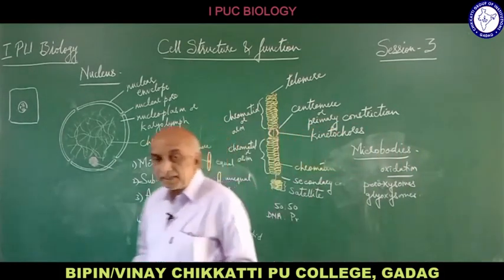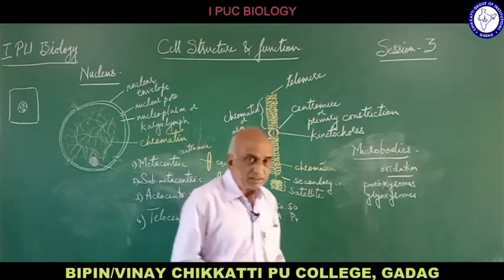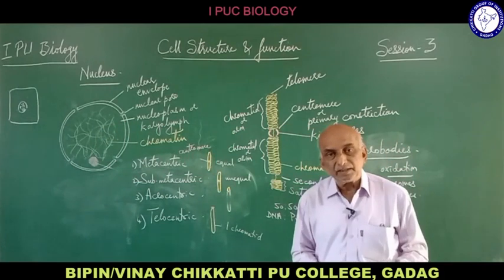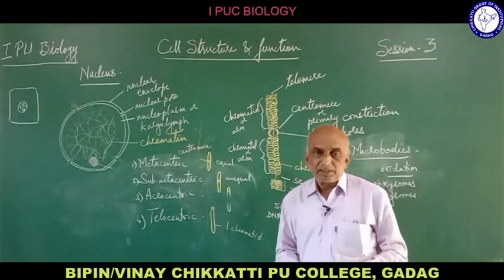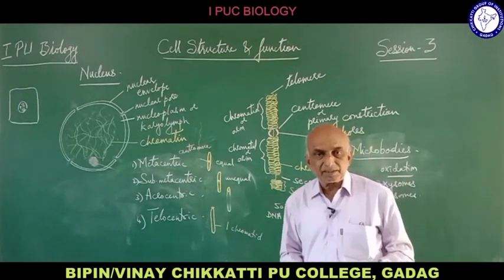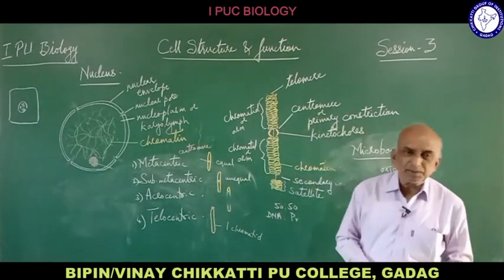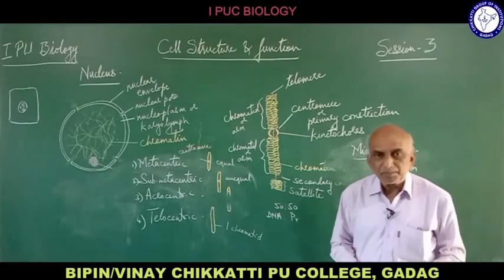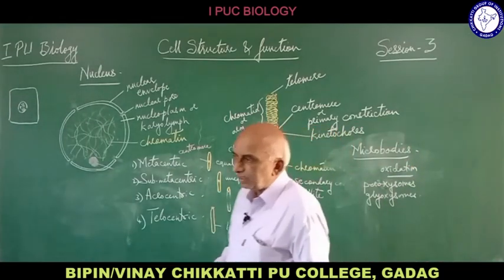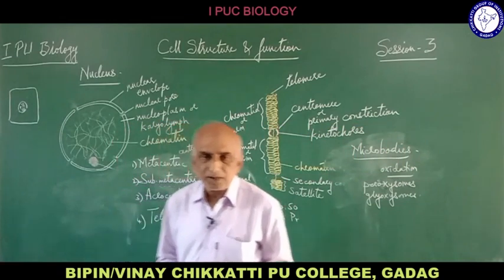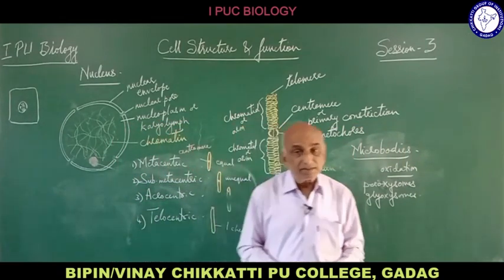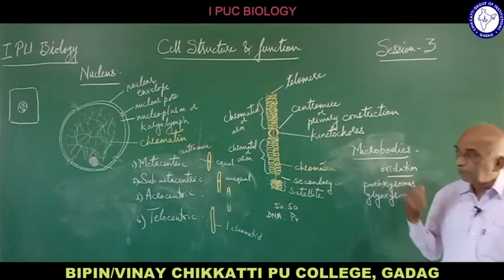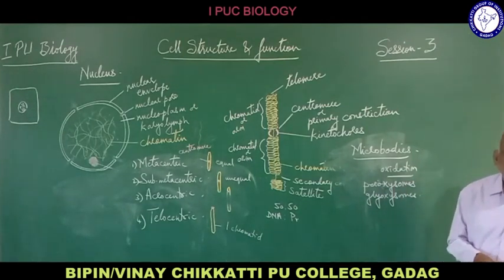Then centrosome is another structure present usually in the animal cells and absent in the plant cells. And lysosomes are more common in animal cells and less in plant cells. In plant cells they are very rare, but in animal cells they are present, which help in digestion. That is the difference between the plant cell and animal cell.